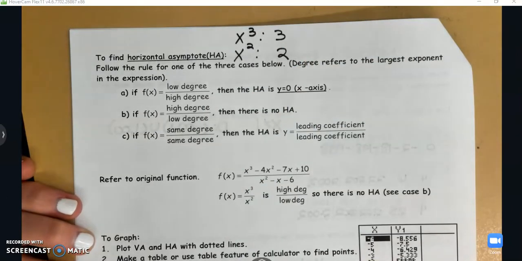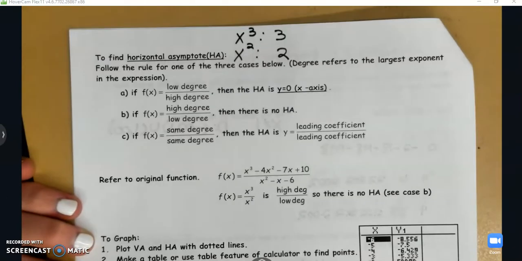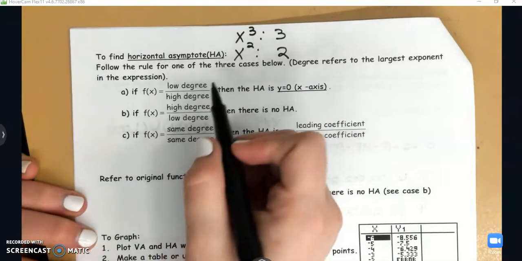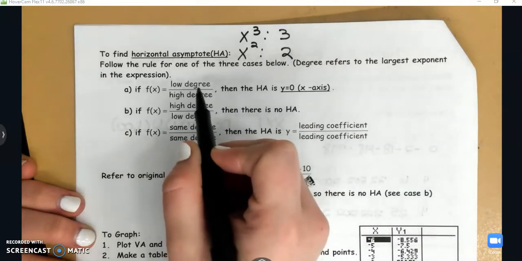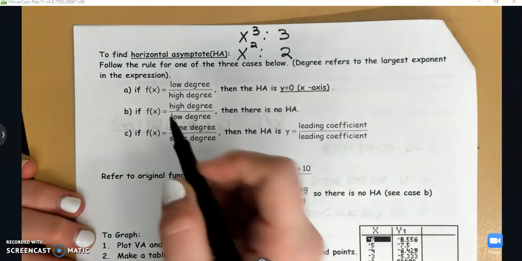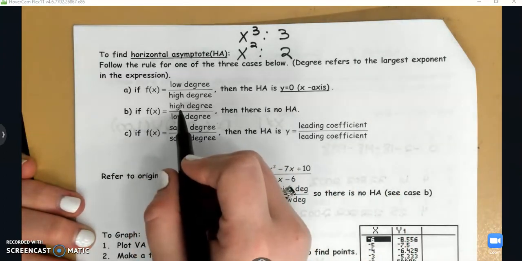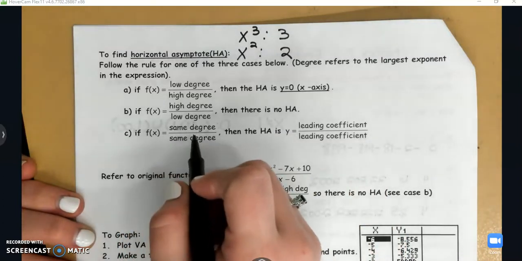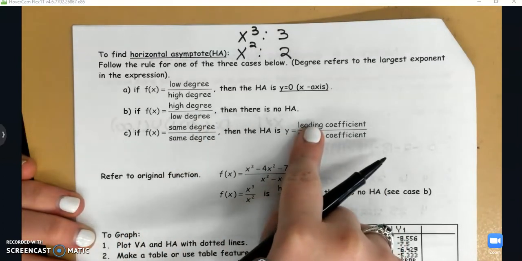So it's looking at, in your numerator and denominator, what is the largest exponent present, and that is the degree. So if your higher degree is on the bottom, then your horizontal asymptote will be at 0, no matter what. If your higher degree is on the top, then you have no horizontal asymptote. And if they're the same in the top and the bottom, then you divide their leading coefficients.